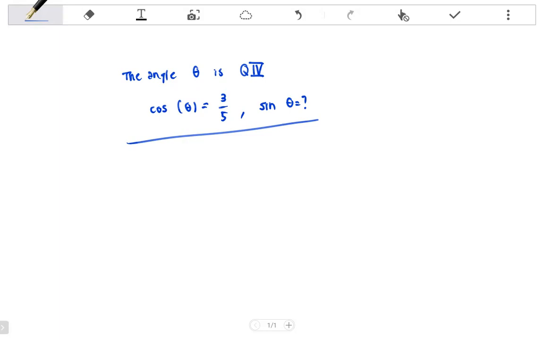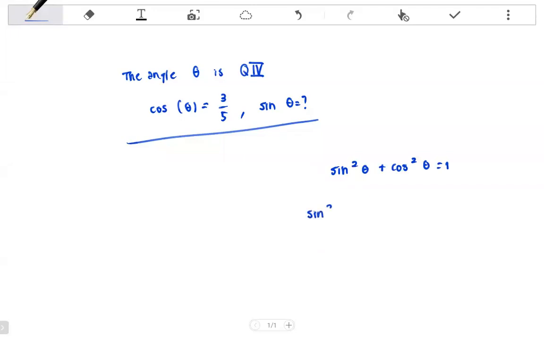Okay, so what's our very first step? Well, 3 and 5 are greater, once again, than 1, so we can't use our unit circle to find what sine theta is. We do know that sine squared theta plus cosine squared theta equals 1, so we can use that.